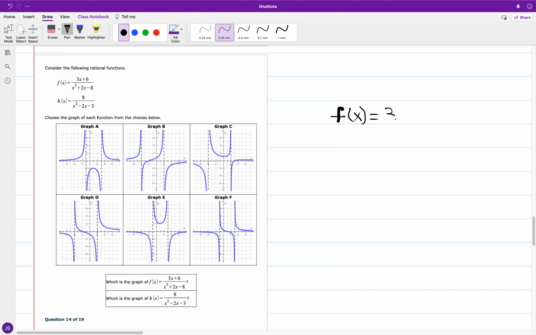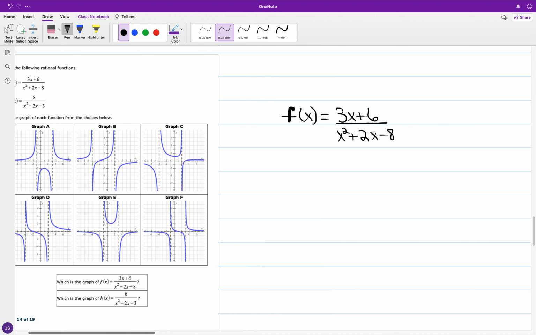And in this one case, again we have f of x is equal to 3x plus 6, all over x squared plus 2x minus 8. And just kind of taking what we have here, I know it's a little bit of an added step, but just in the case of the domain, again, x squared plus 2x minus 8 cannot be 0.